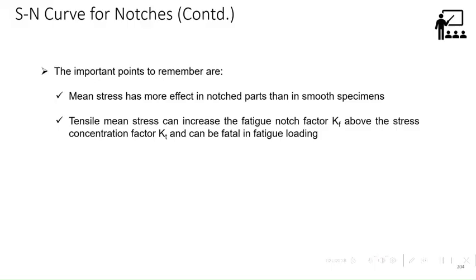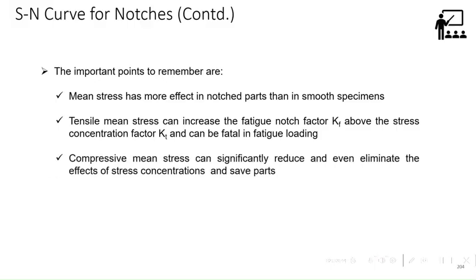But in some special cases Kf becomes Kt, but you are doing Kt based on the theoretical stress considered, and in that particular special condition Kf is more, so there you have a discrepancy between test results and prediction, where Kt might be giving a value, but when you test it you will get a lesser value, not more. Very, very rarely. That's why it can be fatal in fatigue loading.